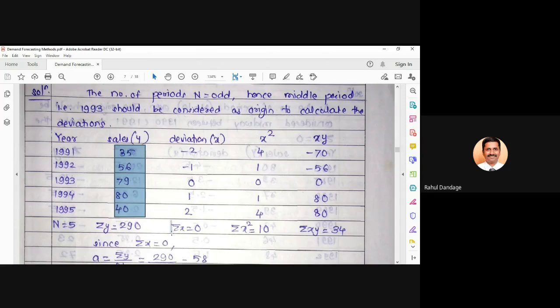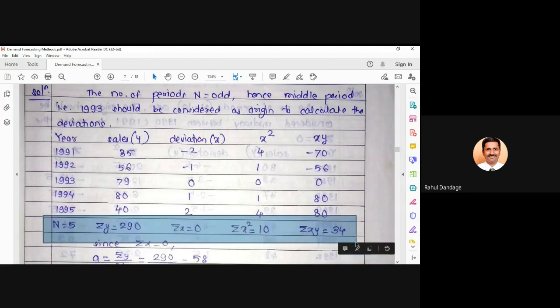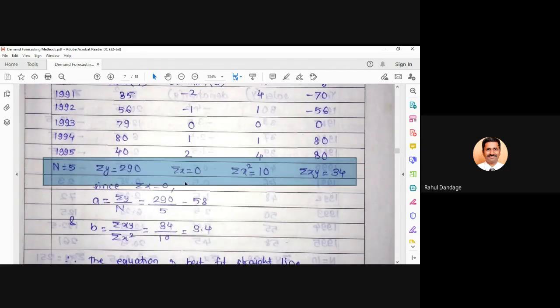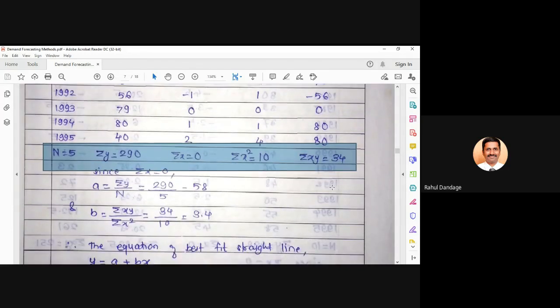Deviation, we have already ensured that summation of x should be equal to 0. Summation x square is equal to 10 and summation xy is equal to 34. So now this particular row, which gives the total of individual columns, is most important from our point of view, because the calculation of values for a and b will require the values from this row.